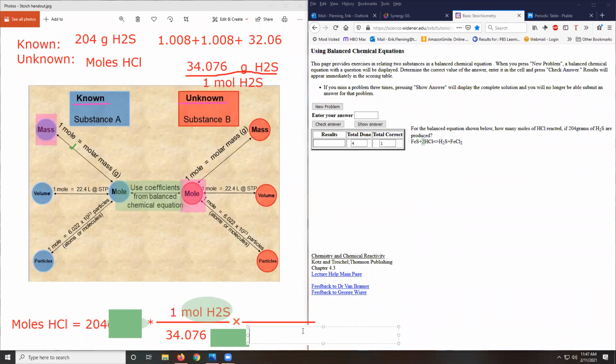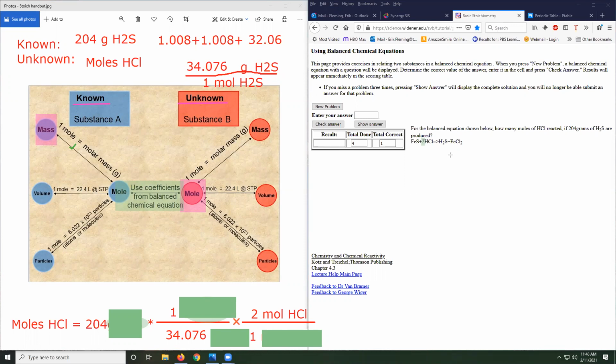So in my balanced chemical equation, I have 1 mole of H2S for every 2 moles of HCl. And then I get to cancel out the moles, because mole H2S cancels mole H2S. And I'm left with some crazy math.